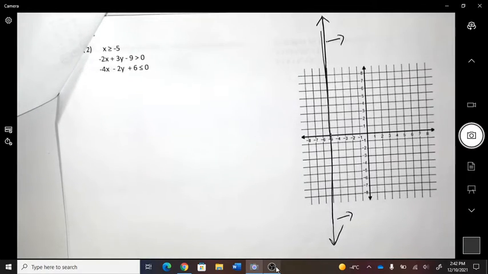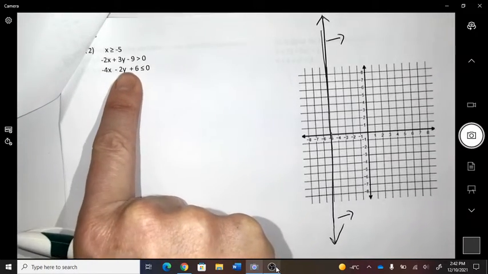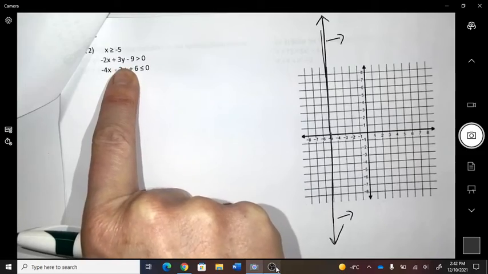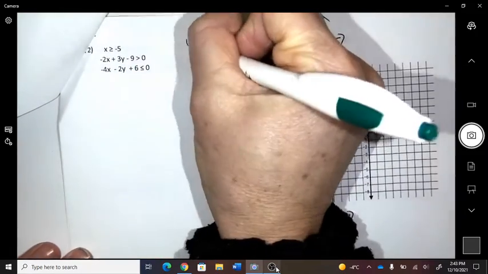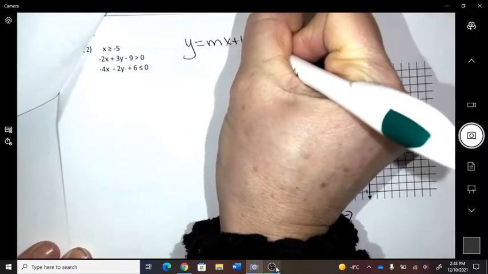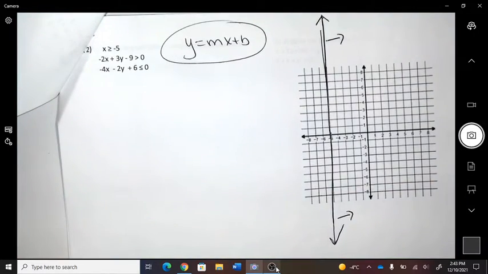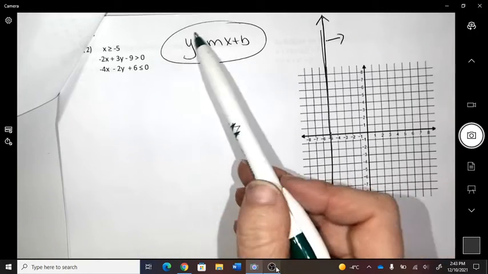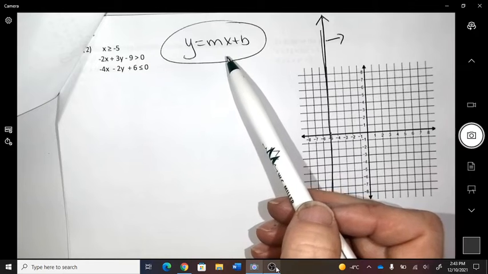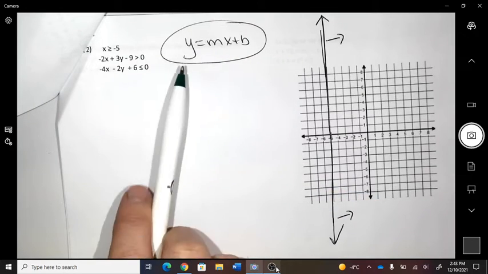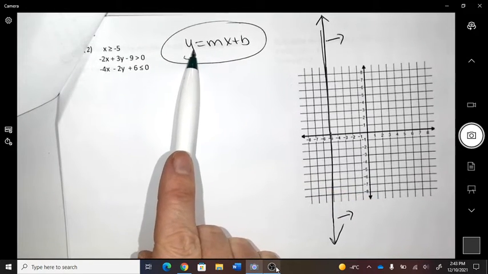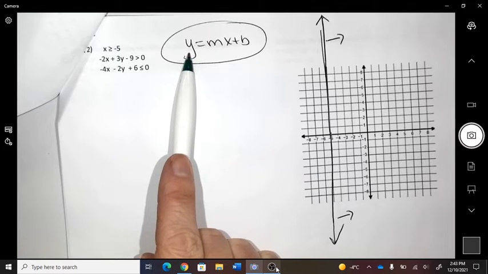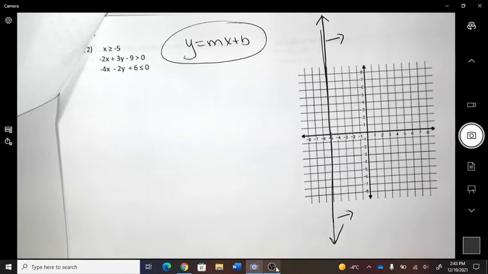Okay, the second. So I have a problem here. I really want it in this form. I want it in that form and it's not there. So, does this make sense? I'm going to go with some algebra, and my goal is to do what with algebra? Isolate the y.